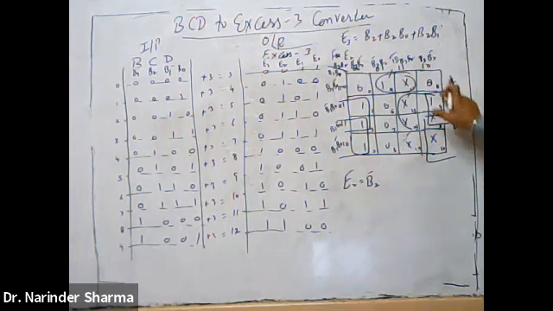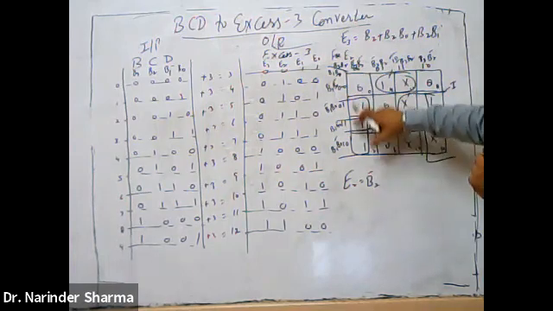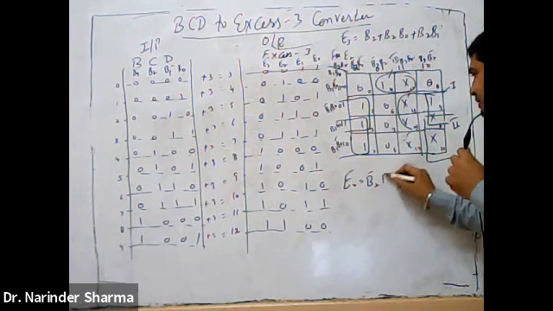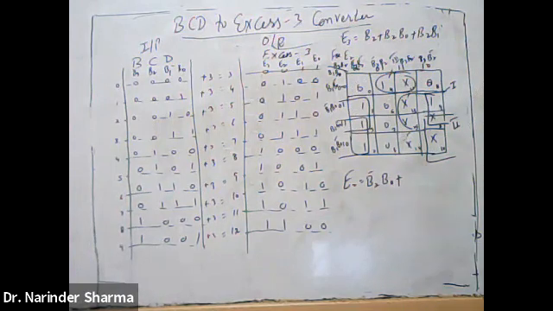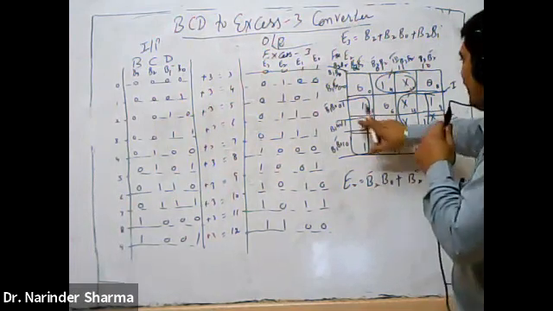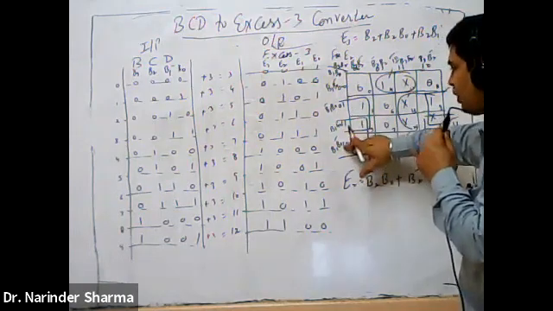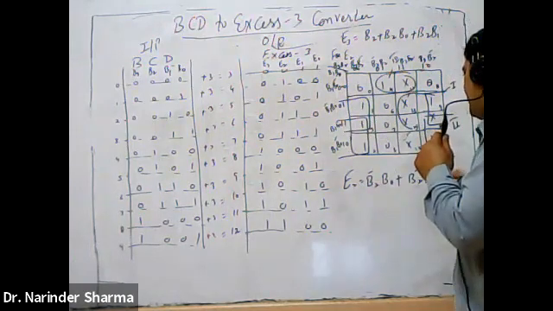We will write B2 bar. For the vertical side, we will find B0 is common, B2 bar B0 plus. Next, for group 2, B2 bar and B1 is common, B2 bar B1 plus.